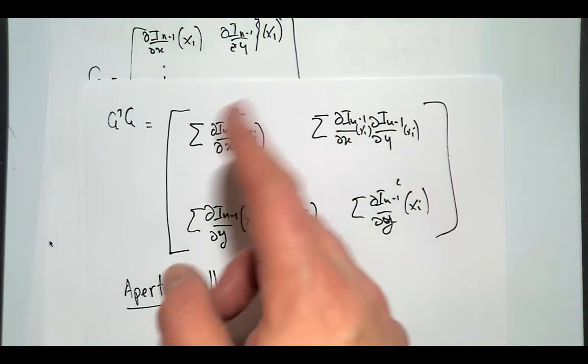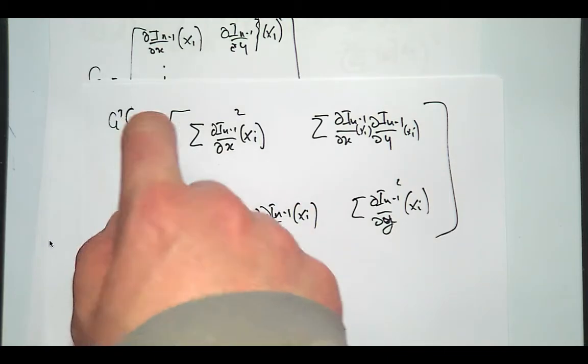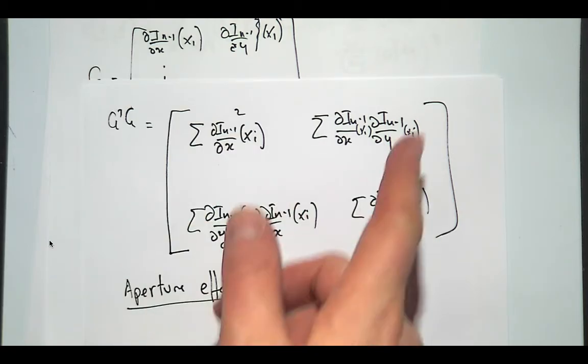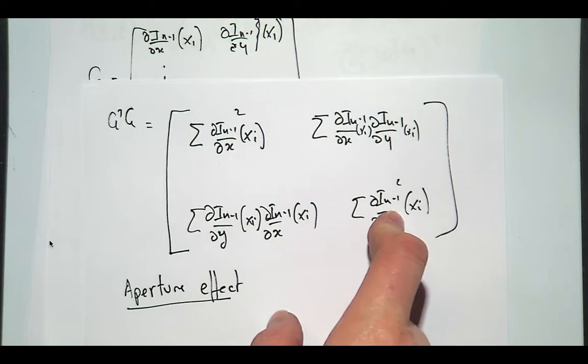The second problem might be that you can't invert the matrix if just one of the eigenvalues is 0. That basically means you're at an edge. When you're at an edge, the gradient goes only one way, all in just one direction.